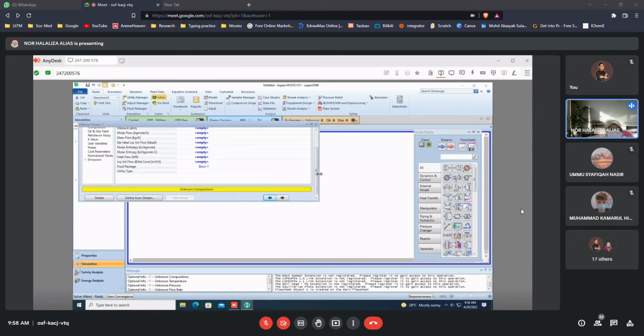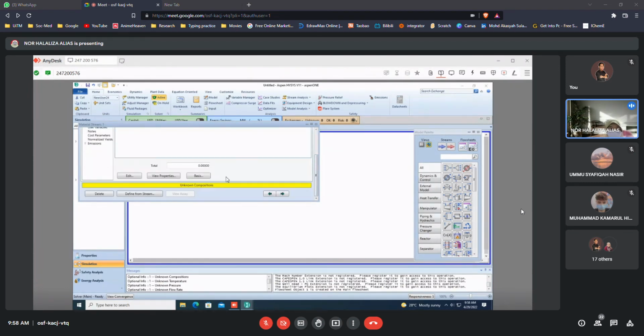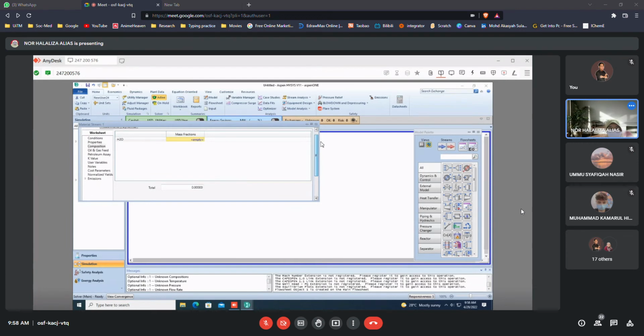Okay, again unknown composition macam tadi sama. Go to composition, water, change to, go to basis, mass fraction. Okay, then double click mass fraction, make sure it is mass already. Water only, right?